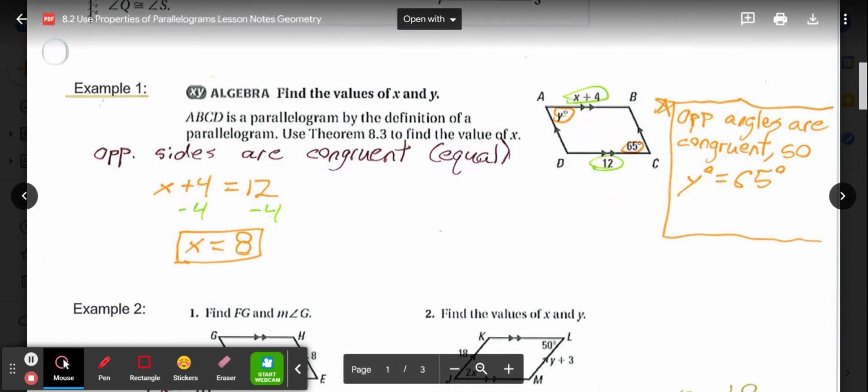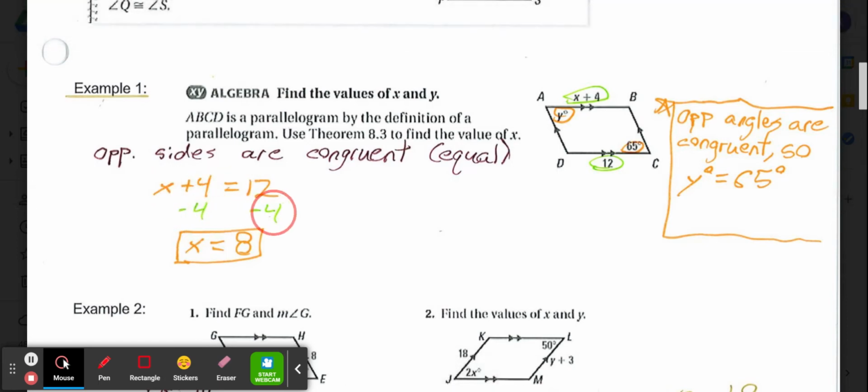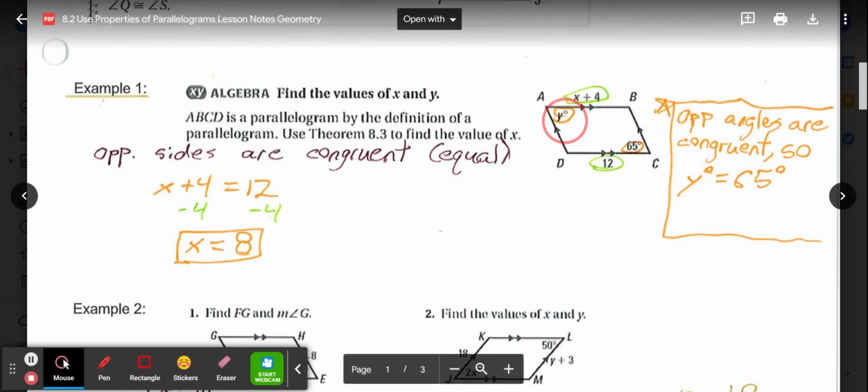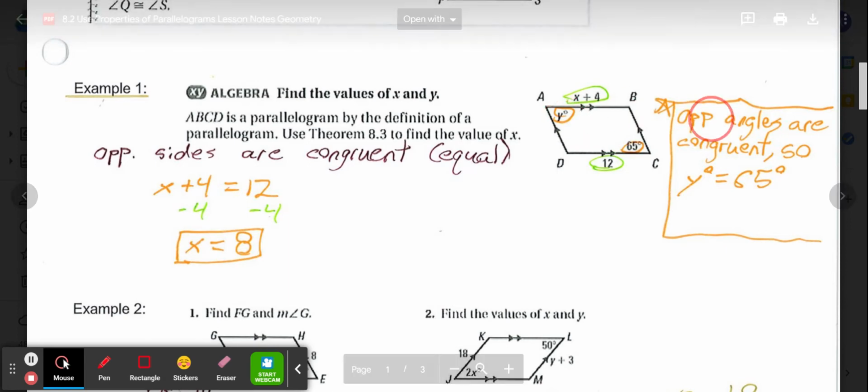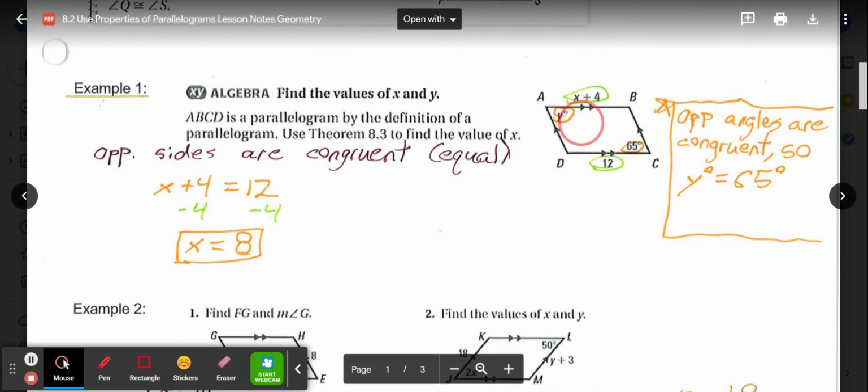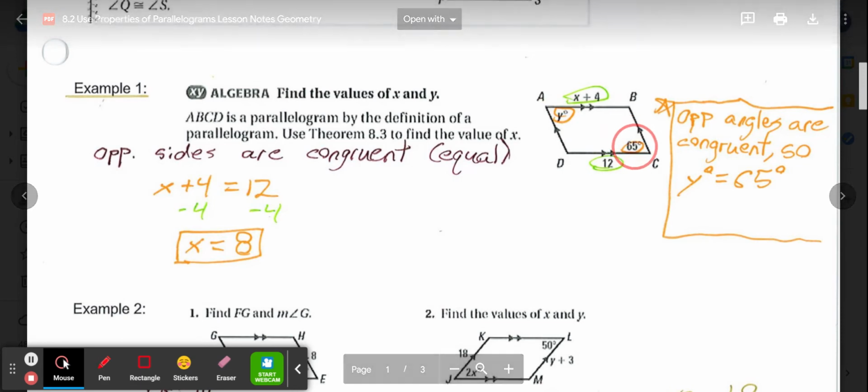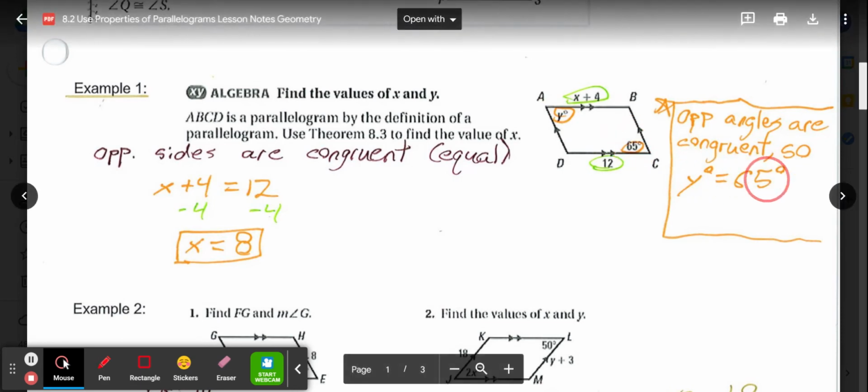So x plus 4 equals 12. Subtract 4 from each side, and x equals 8. Then, if we wanted to figure out the measure of angle y here, we know opposite angles are congruent. So angle y would be the same as angle C. So angle y is 65 degrees.